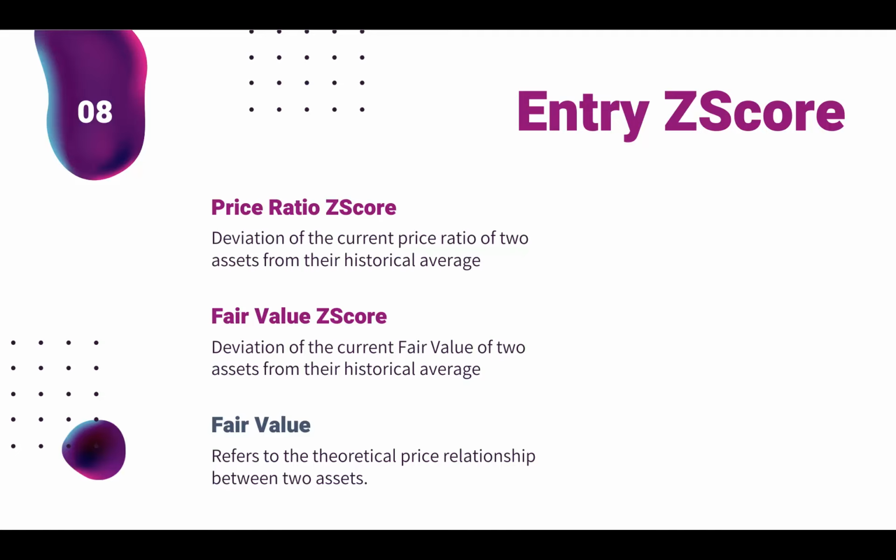So what would be the fair value of the underlying asset compared to the outperforming asset? We take that fair value and calculate the z-score on it. Okay, so in statistical terms, we do regression, we get the residuals, and on that we calculate the z-score. So there are two different types of z-scores we can use to enter the trade.